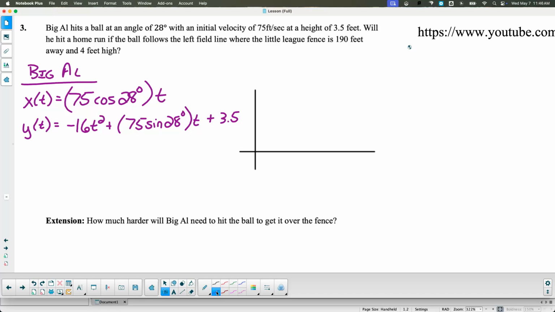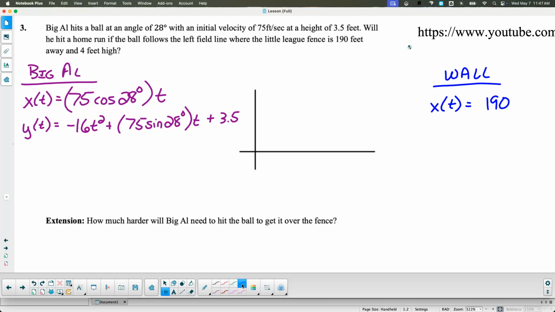Okay? Then our second equation that we're going to have in here is we've got the wall. How far away is the wall? 190 feet. So that's going to be 190 for my x.